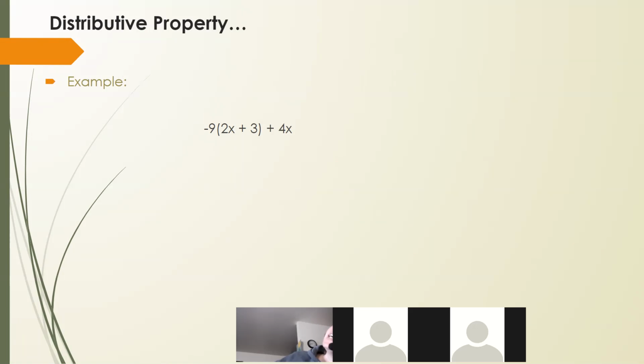Thank you. Negative 9. That's right. That is our number in front of the parentheses. That's the one who's got the candy. So negative 9 has the candy. Negative 9 is going to share with 2x and 3. Does negative 9 share the candy with 4x?